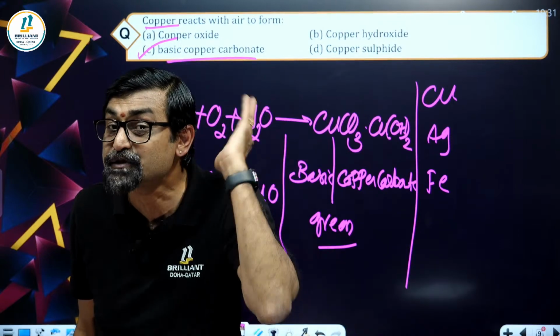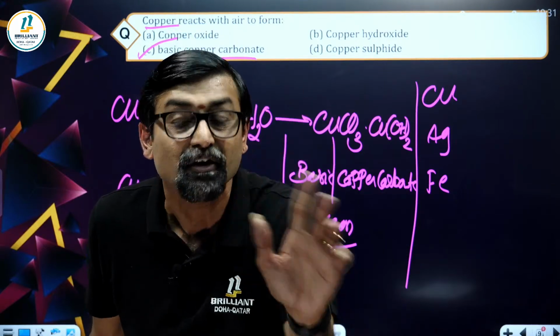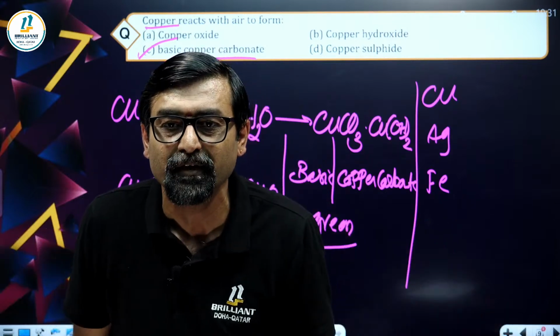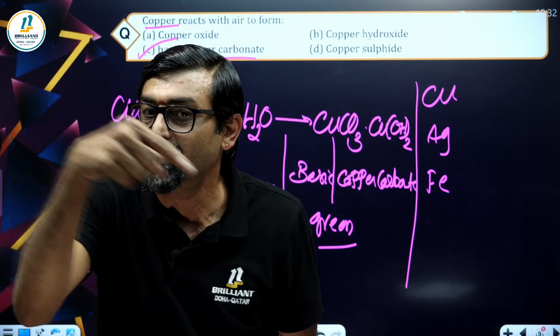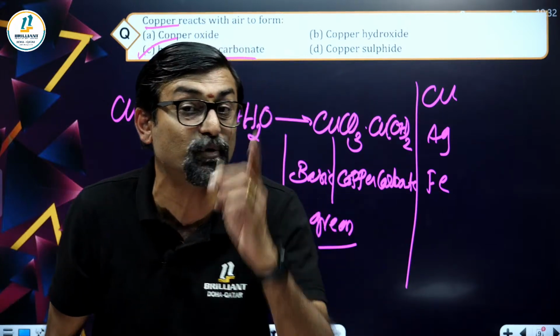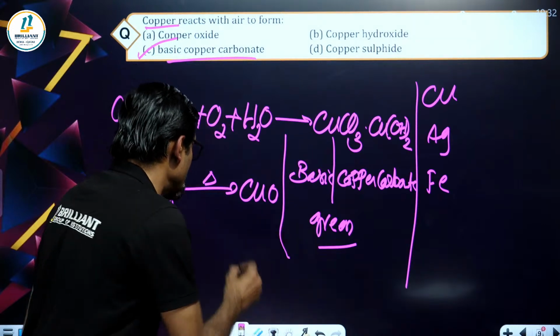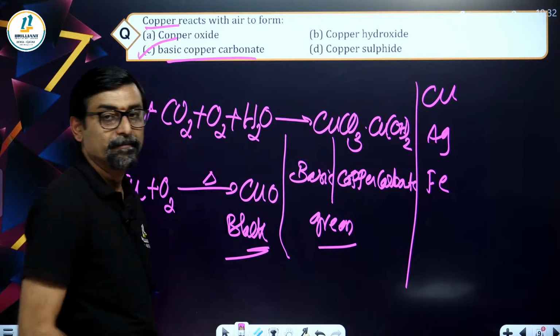But that black is formed in the copper oxide situation. When it is not heated, when you just leave it on its own, it gives you greenish white. Green is copper carbonate and white spots are copper hydroxide. Whereas if you heat the copper, it gives you black colored copper oxide.